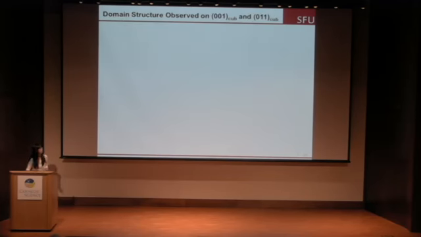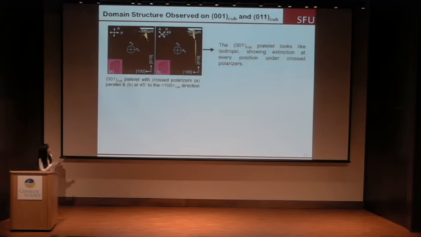Then we took the single crystal to study the domain structure and phase transition by polarized light microscope. We polished a 001 platelet. But surprisingly, the 001 platelet is isotropic under the polarized light microscope.